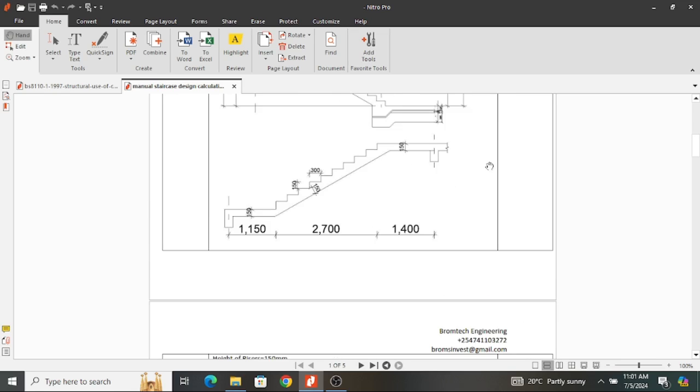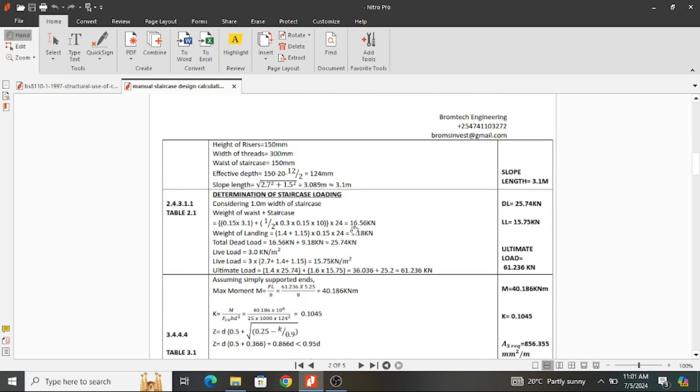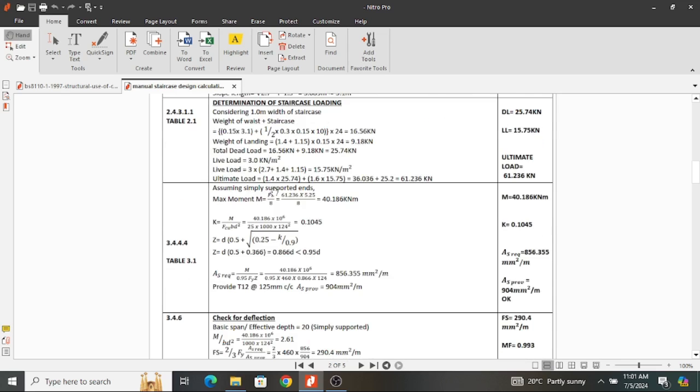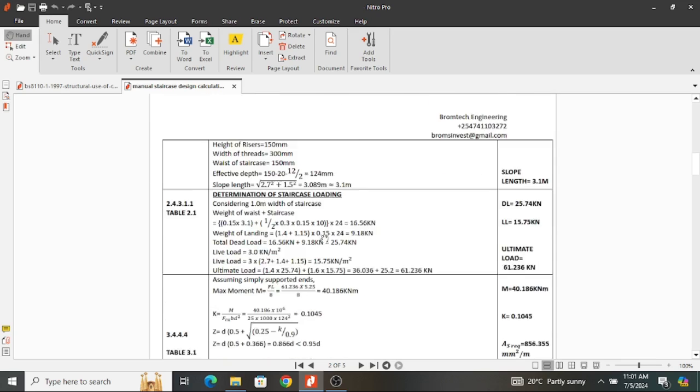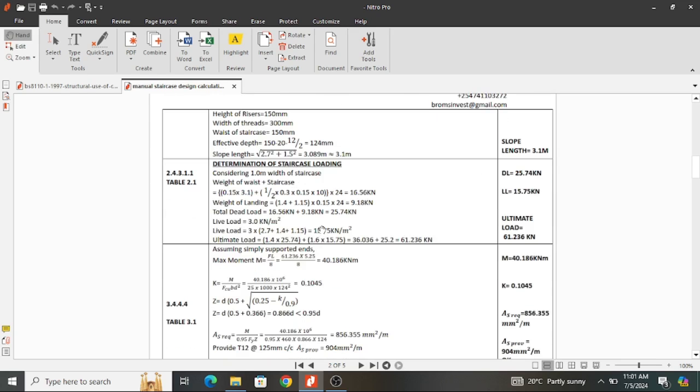Sometimes you could also consider the continuity on this side and factor it as you're analyzing your staircase. So if I assume that my supports are simply supported and that the loading I'm having is uniformly distributed, I'm going to use the formula FL over 8 to get my maximum bending moment.